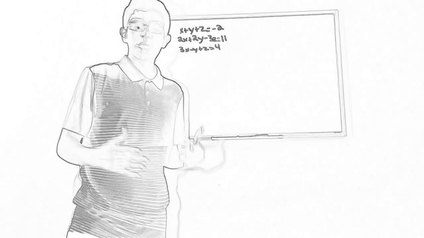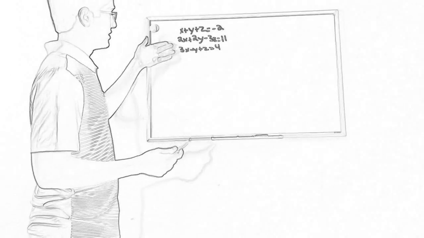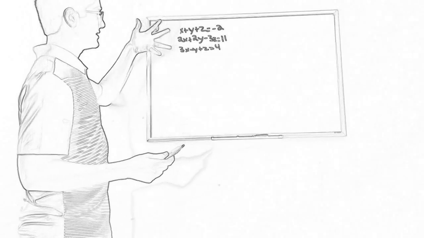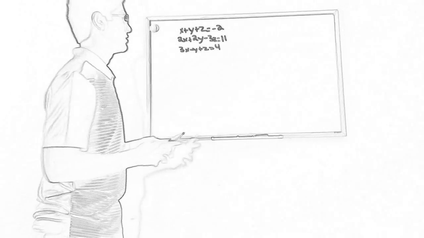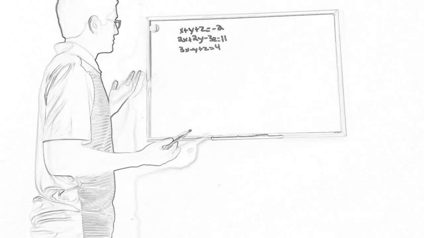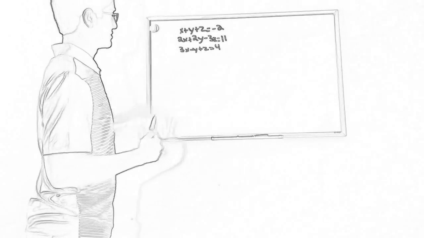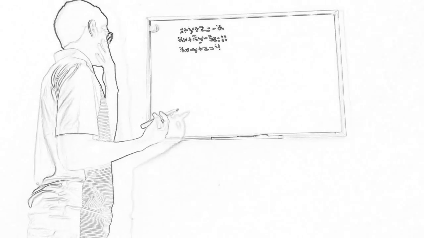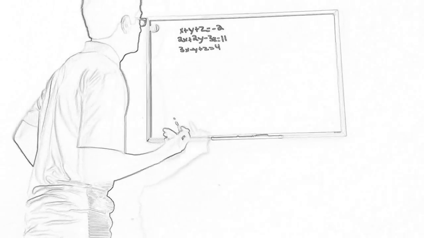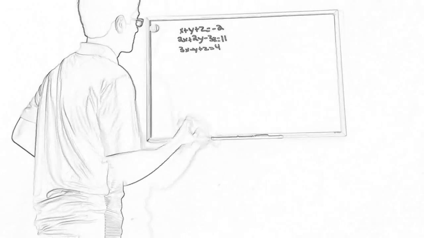So basically, the first thing you want to do when you have a three-variable system is take any two equations and eliminate one variable. So let's take the first equation and the third equation, and let's eliminate the y, because that'll be pretty easy to do.